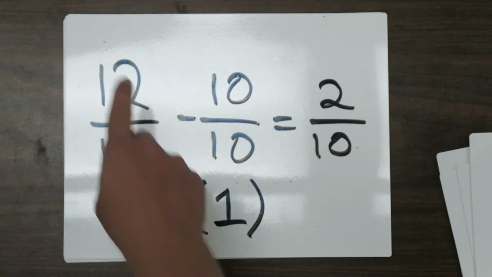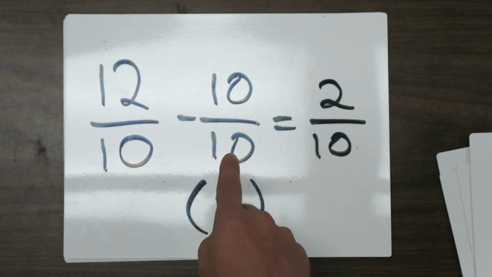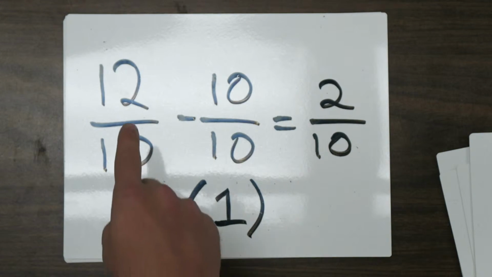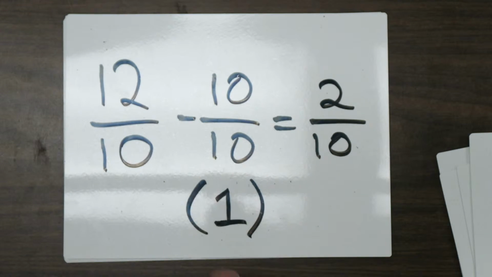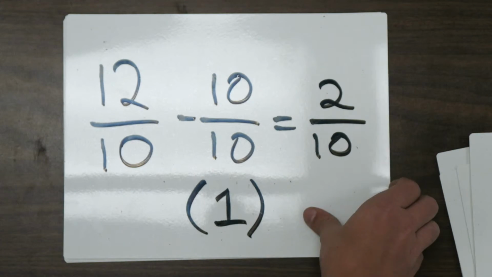So my denominator in this problem of 12/10 is 10. Now I'm just going to copy that to the numerator. Any fraction where the numerator and the denominator are the same is equal to 1. So I'm going to take out 10/10 from 12/10, and that's the same thing as taking out 1 whole. And that's going to leave me with 2/10 left over.